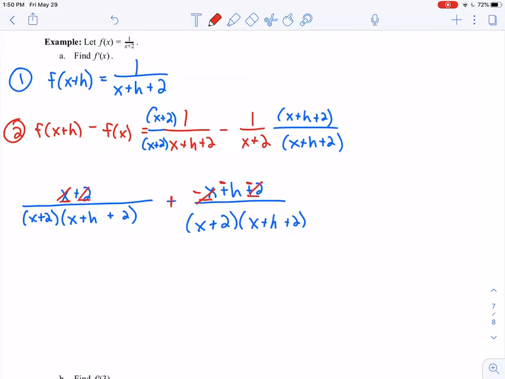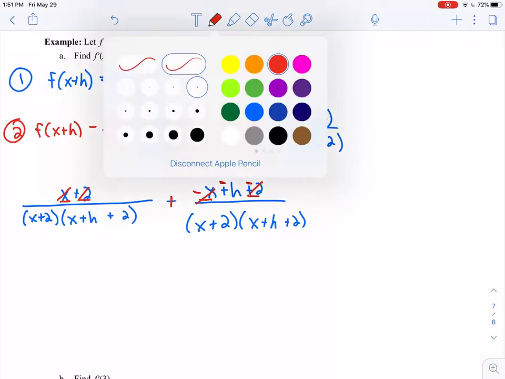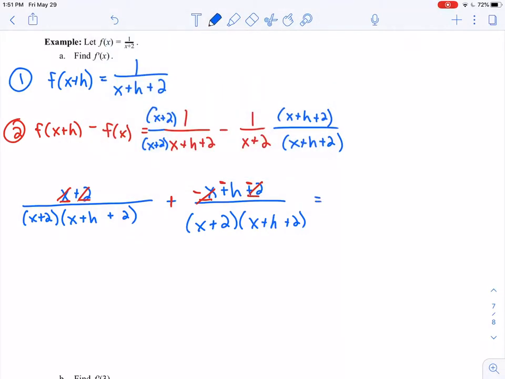Well, those two cancel. So what am I left over with? I'm left over with negative h divided by x plus 2 times x plus h plus 2. Cool. And at this point, let's move on to step 3. We've combined these two fractions into one single fraction, which is really all I wanted to do here.